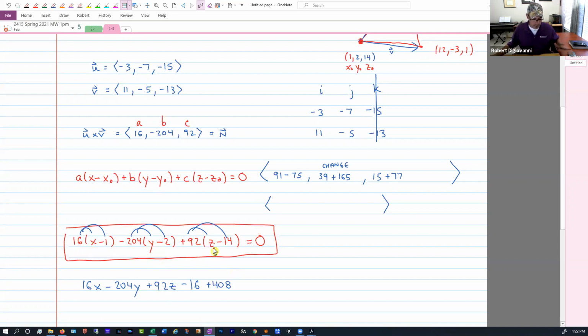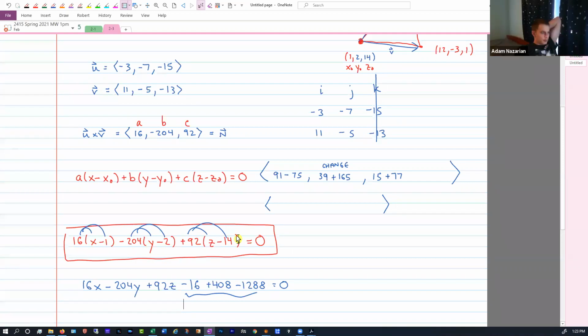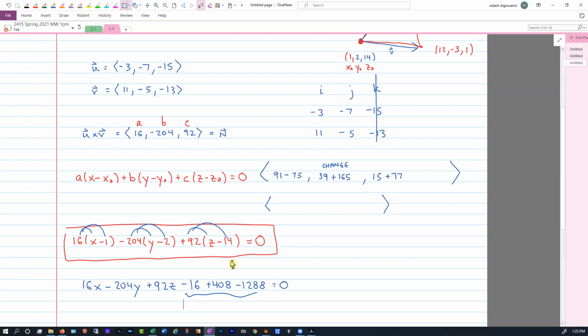And then here, I don't know, 92 times -14. Like minus 1288 equals 0. And then you could put these 3 numbers together. Okay, and that would just be a different form of the same equation, the same plane. So if we would put the undistributed one on like a test, it would be fine? That'd be fine. Yep.